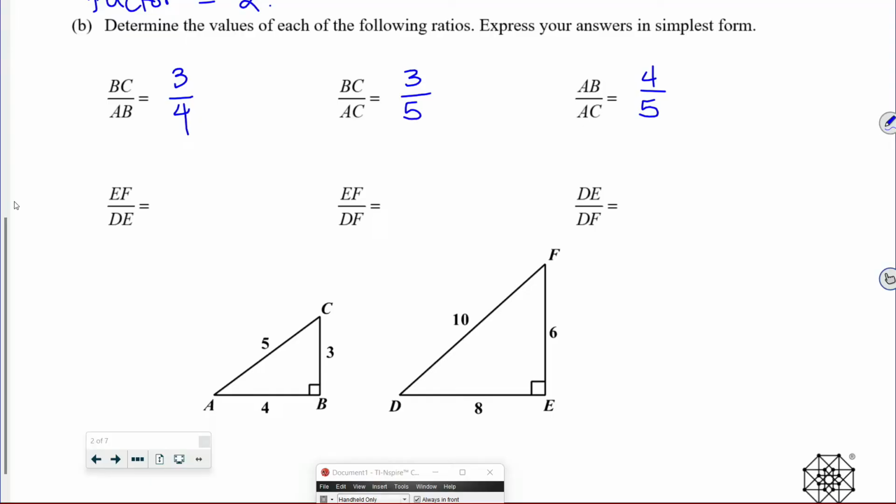Well, EF divided by DE is 6 divided by 8. But of course, we can reduce both the numerator and denominator by a factor of 2, and we get 3/4. EF divided by DF is going to be 6/10, and again, just like before, we could reduce that down to 3/5. And finally, DE divided by DF is going to be 8/10, and we can reduce that down to 4/5.